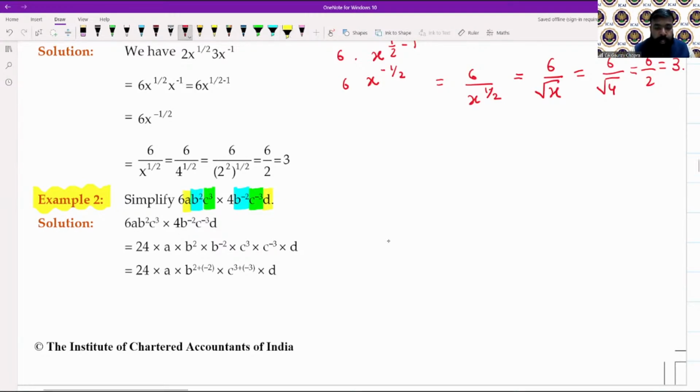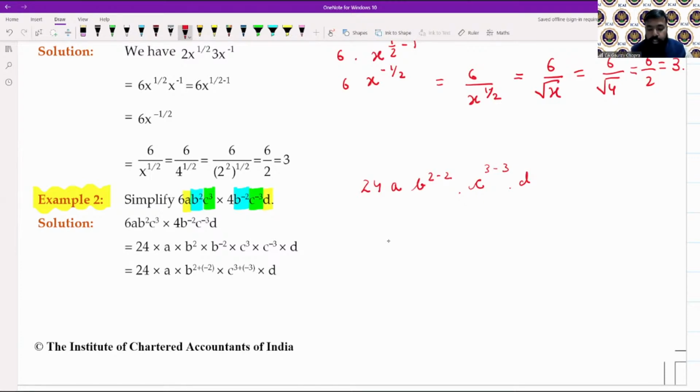So let us multiply. So 6 and 4 becomes 24. A is only 1. B is having power 2 and -2. They are coming together. C is having power 3 and -3. So they are coming together. D is all alone.